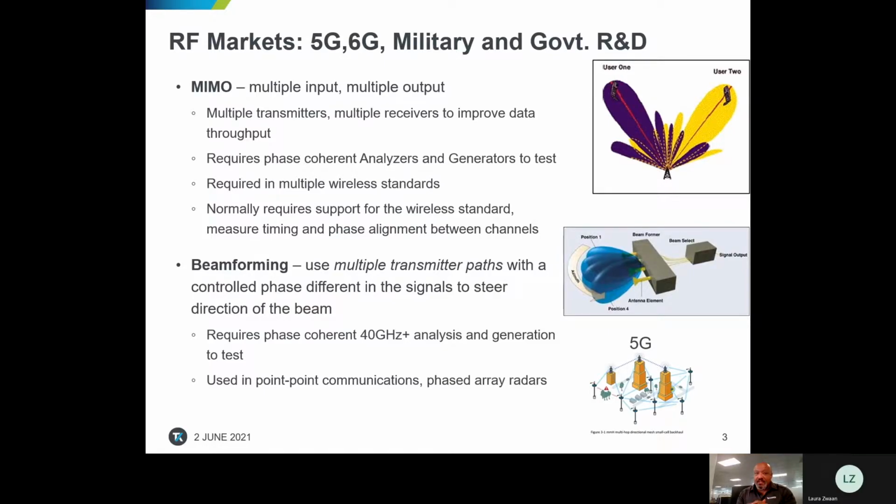These span 5G and 6G, as well as some of our military and government users, as well as university researchers looking primarily at 5G applications, whether that network is open to the public or closed for private communications.